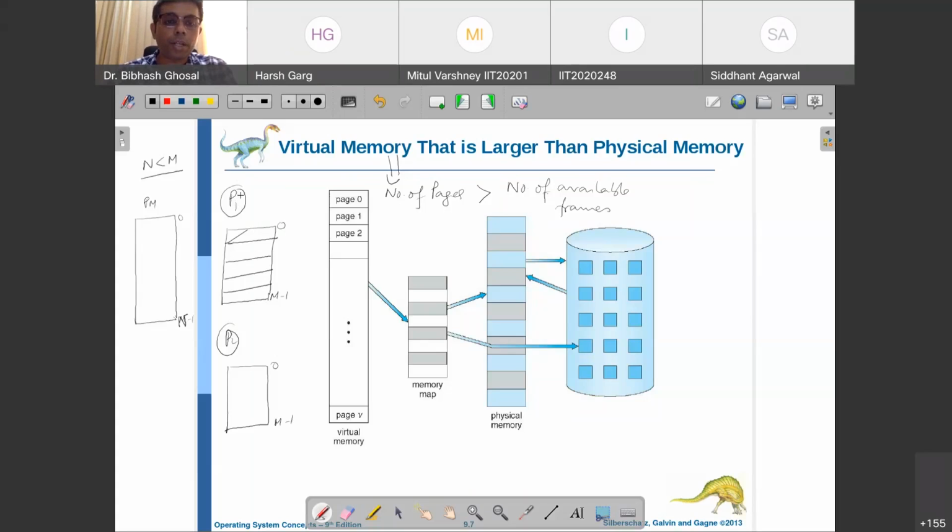Because when this process P1 is executed by the CPU, you don't work with all instructions at the same time. You first execute instructions of page 0, then you move to executing instructions of page 1, then you complete instructions of page 2. This is how you do.